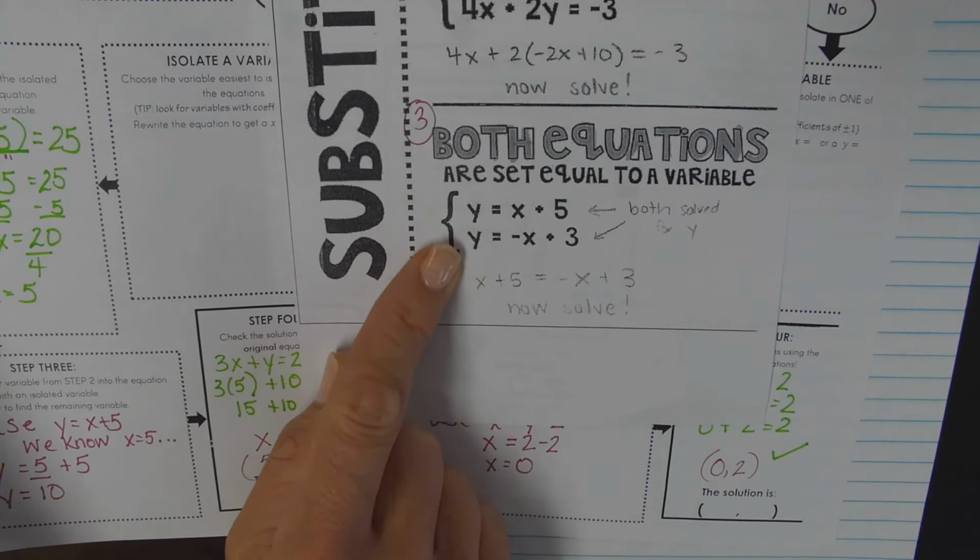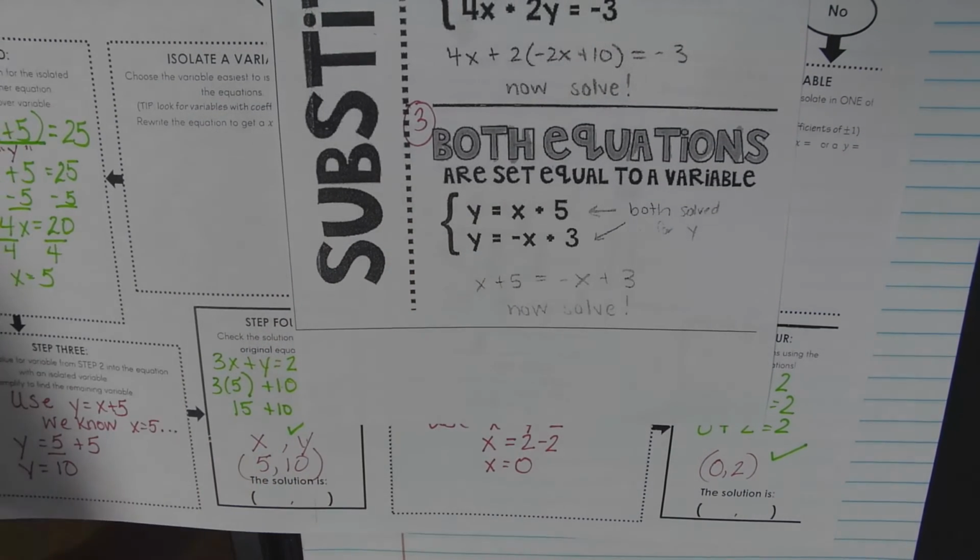Look at these 2 equations here. In my opinion, this is the easiest one. Both equations are set equal to what variable? Y. So you would set them equal to each other. You would take out both y's and just set them equal, okay?